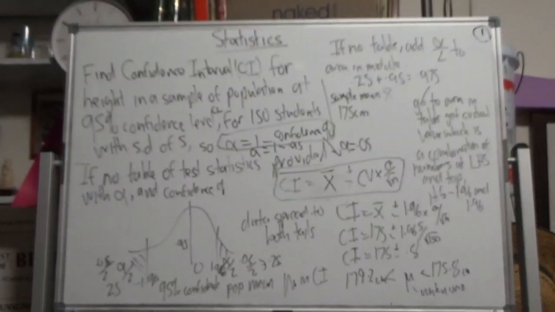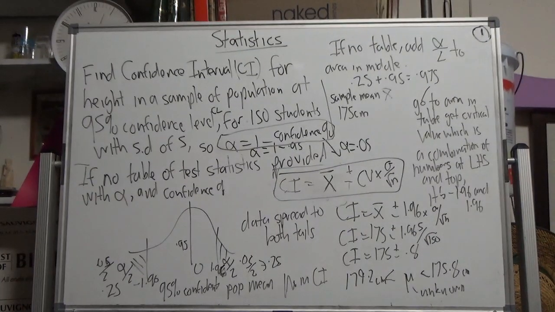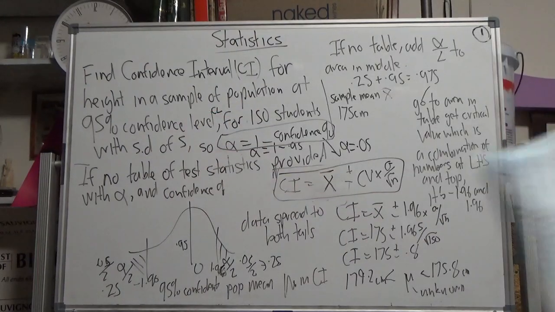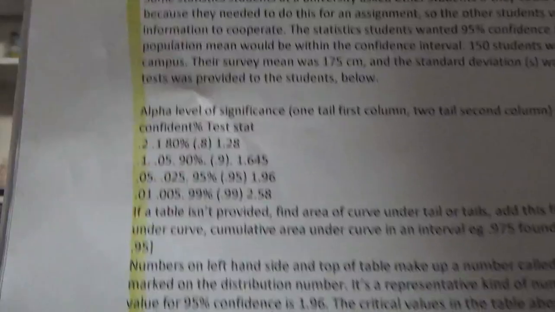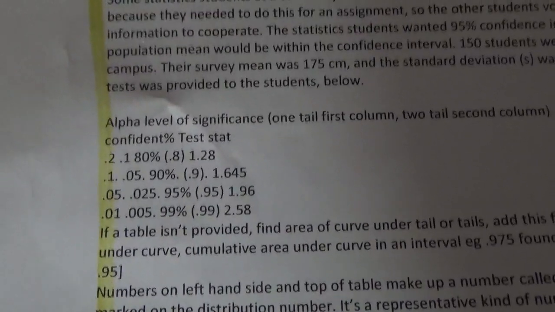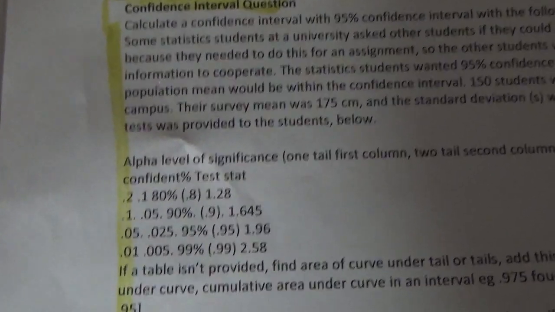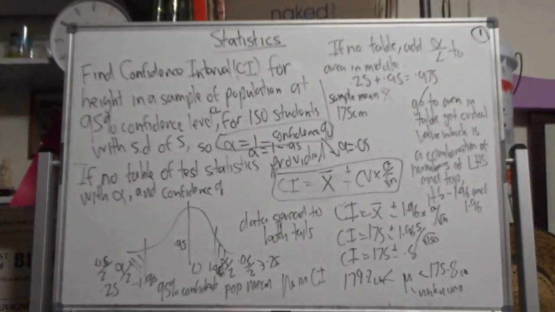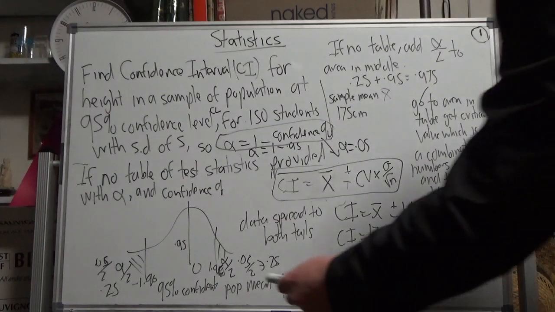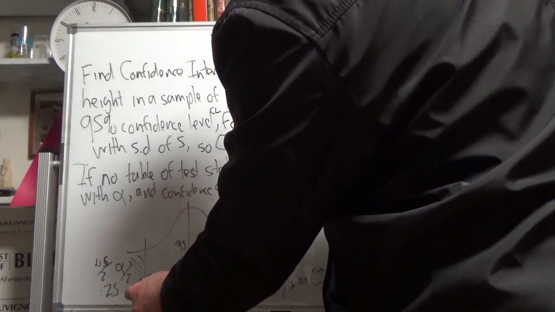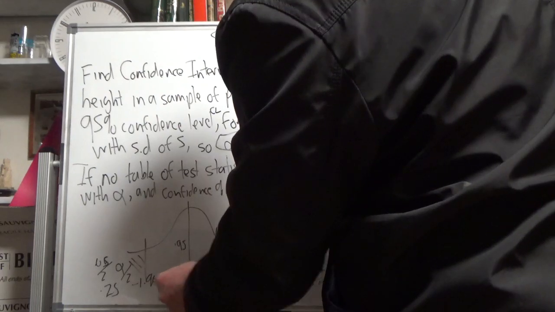But I'm going to show you how to calculate those from the Z table if you're not provided that. At a 95% confidence level in that table, you select 1.96 as the critical value. That critical value is marked here, 1.96 and negative 1.96, with 0 at the origin.